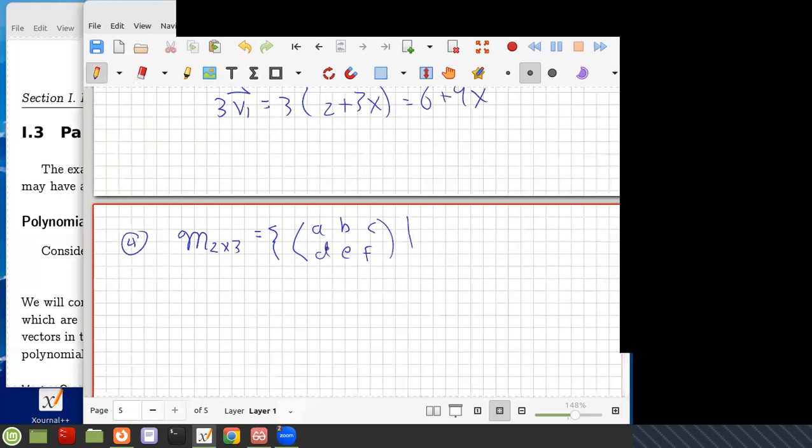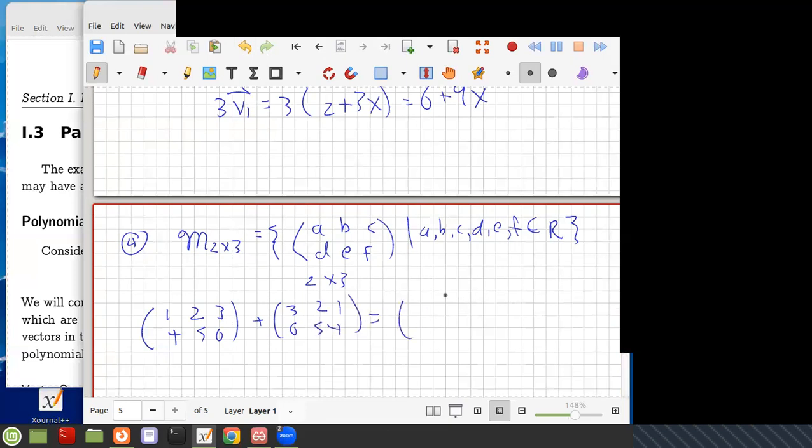It's going to be the space of all 2 by 3 matrices, where A, B, C, D, E, F are real numbers. And the addition is just the normal matrix addition.